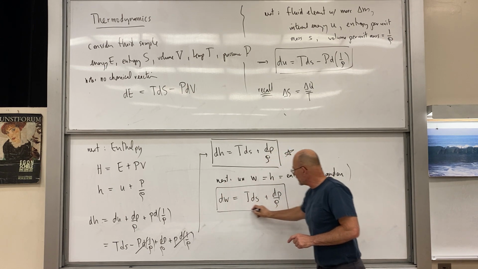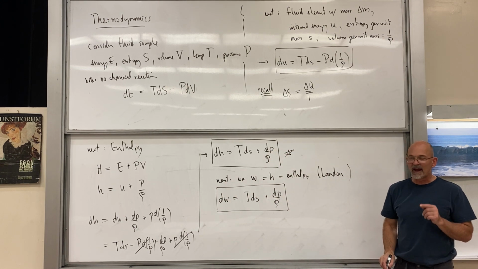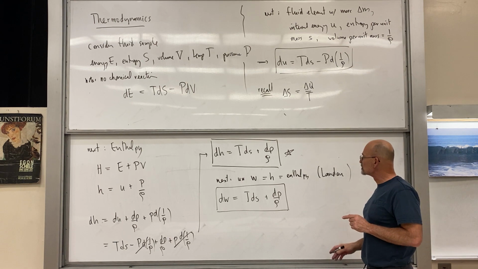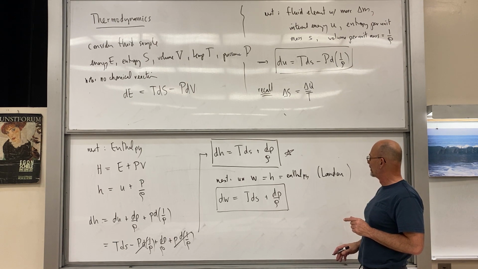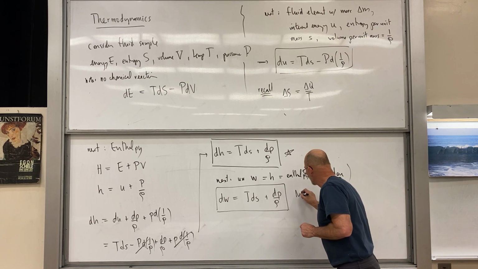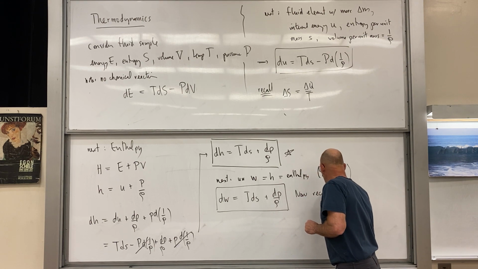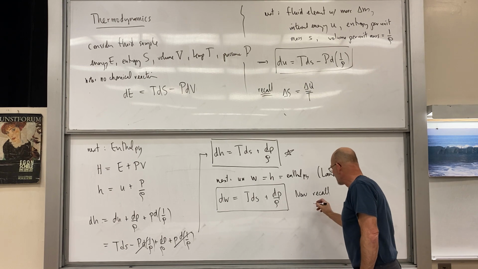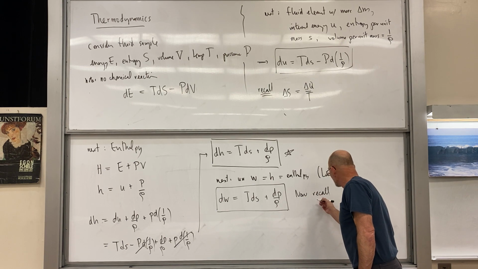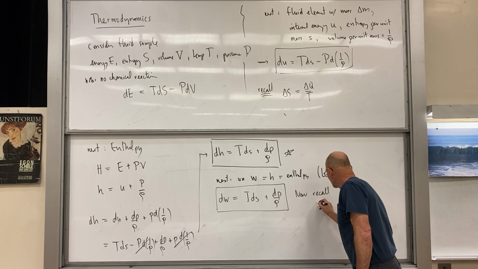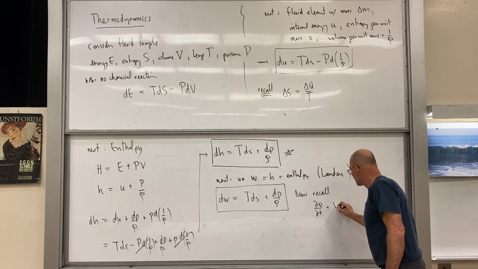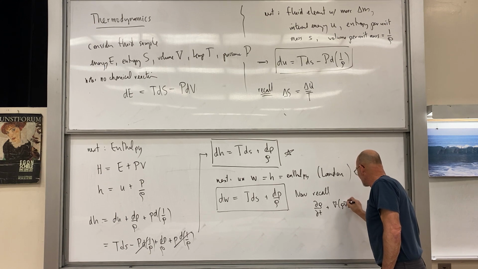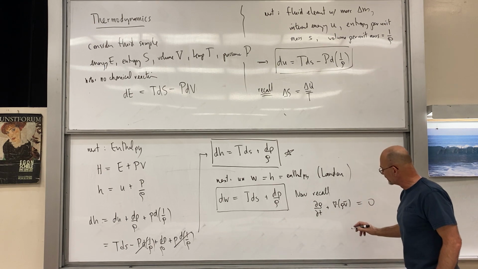Now we're going to have to remember something about our original equations of motion. Recall, I'm going to write all of them down just so they're here. We had d rho dt plus divergence of rho v equals 0.